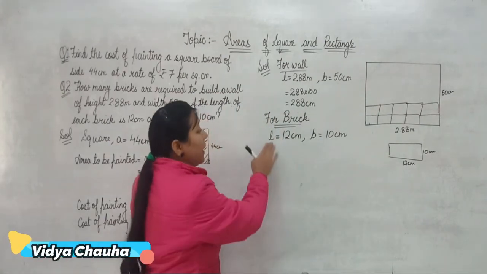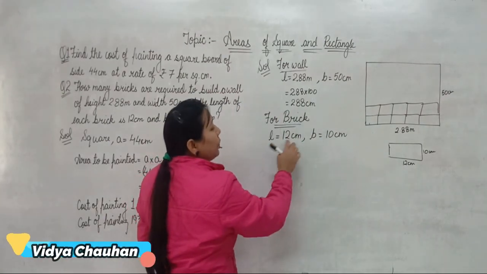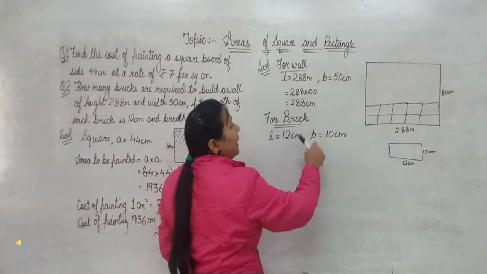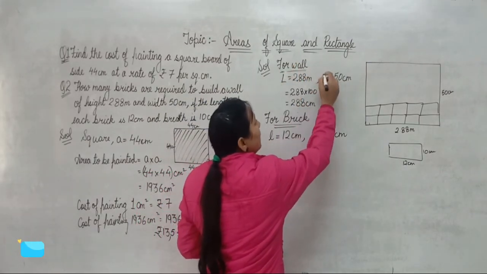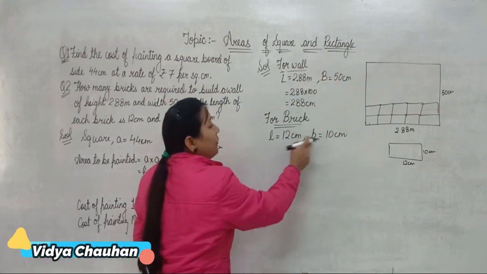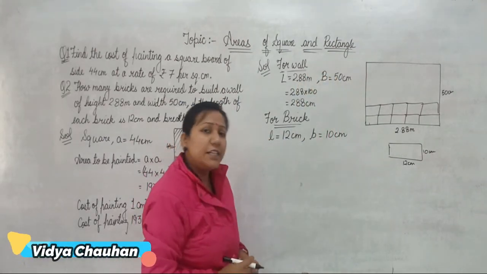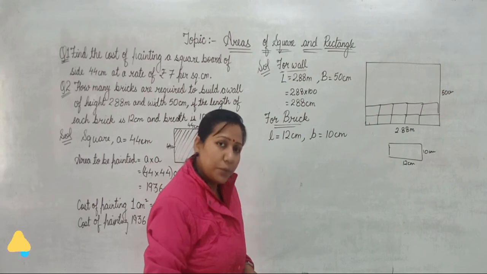Clear, students? Now to separate both, because both are getting L and B, for the wall I will write capital L and capital B, and for the dimension of the brick I will write small b and small l. Right, students?